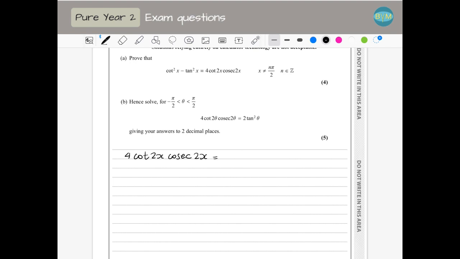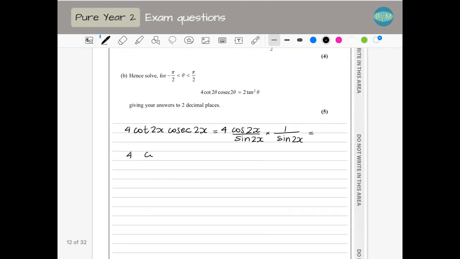I know that cot is the reciprocal of the tan, so it's going to be cos divided by sine. And I know that cosec is the reciprocal of the sine, so I'm going to write 1 over sine 2x. So this is going to be 4 cos 2x divided by sine squared 2x.